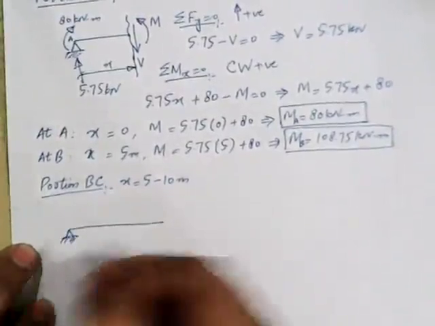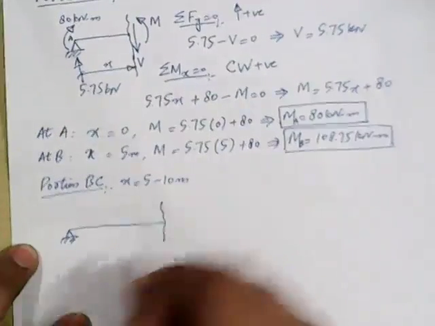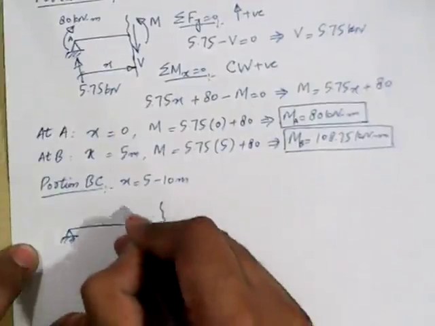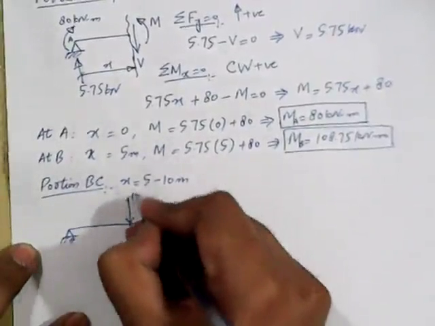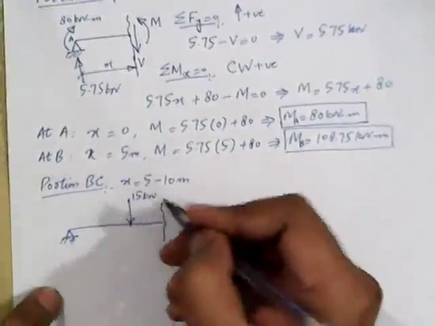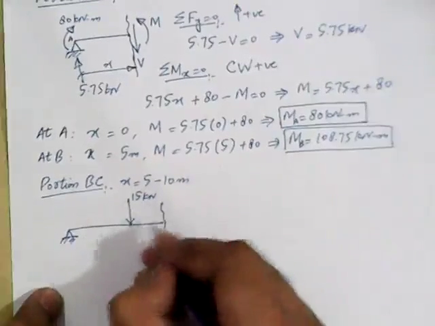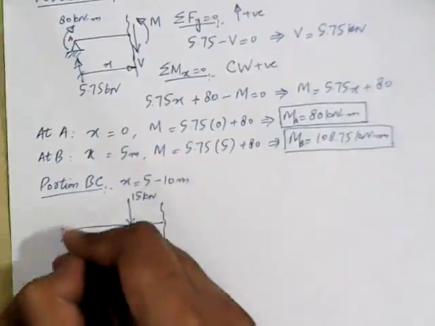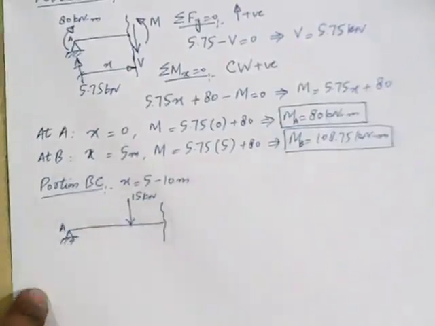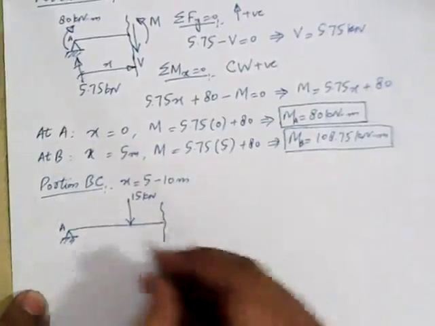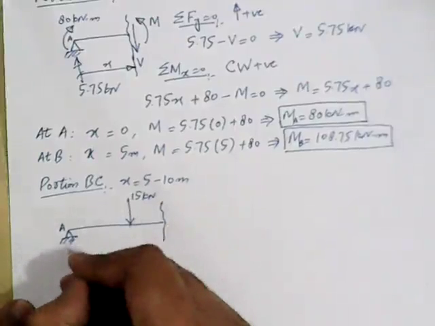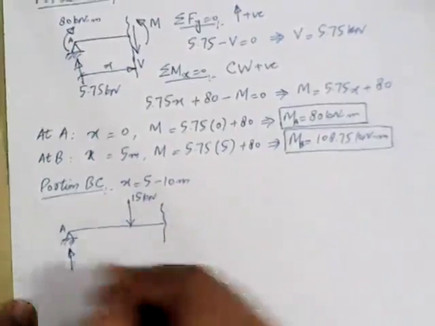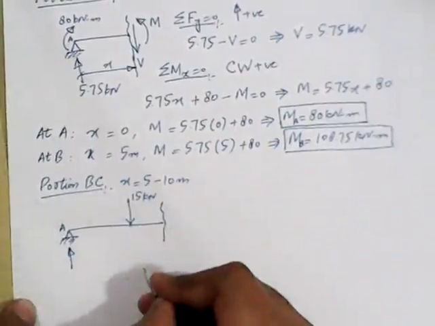Here is support A. This is our section. The 15 kilonewton point load is in here. We have a reaction here at support A. The magnitude of the reaction is already known.